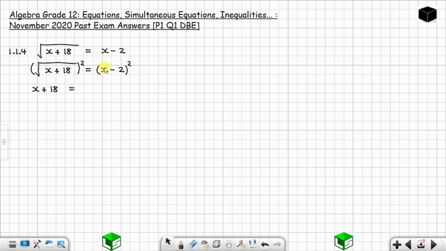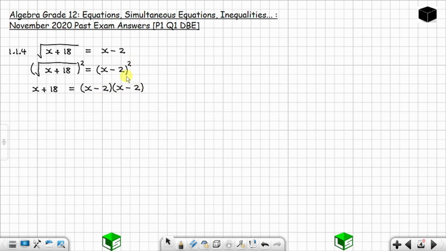remember this is twice, right? You have x minus 2 twice, because it is squared. This is why we have it twice. So you have this bracket times this bracket, because we have a square there.